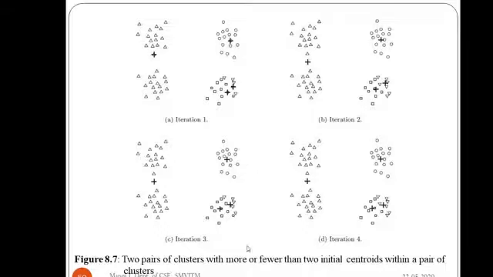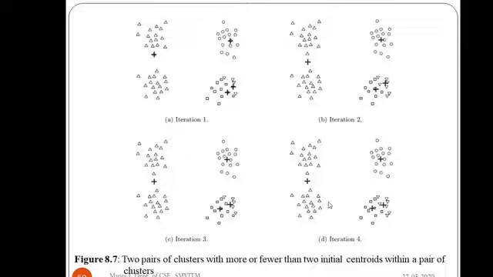As we perform the iterations, it will redistribute, and you may have two centroids here and one centroid here, but for this pair of clusters only one centroid you are going to have, which will ultimately lead to the splitting of this particular pair of clusters, which will not lead us to the optimal clustering.